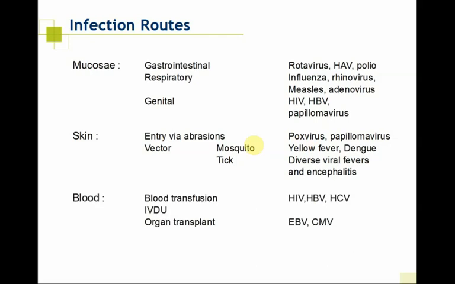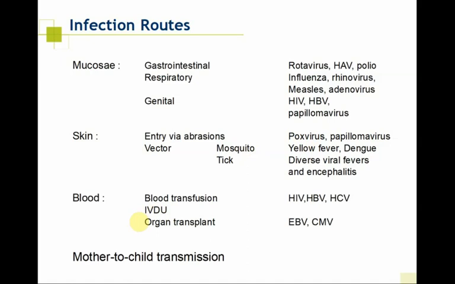And of course, blood: some viruses can be transmitted by blood. So either by blood transfusion, intravenous drug use, or by organ transplant. A weirder one, but it can happen as well. And the last one, which is very important for a lot of viruses, is mother-to-child transmission.